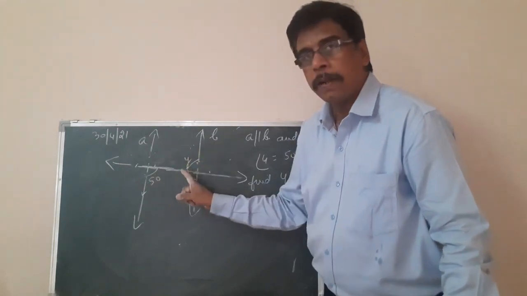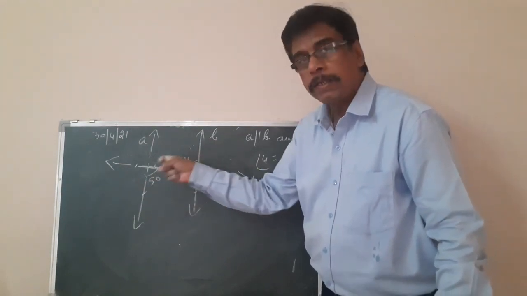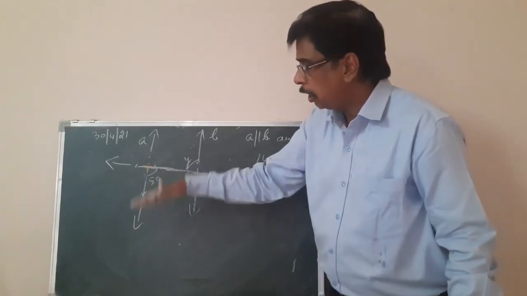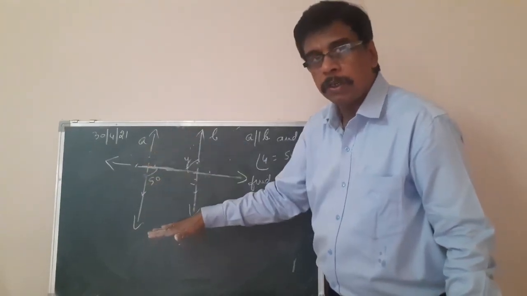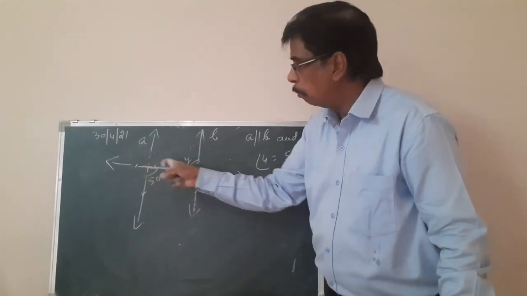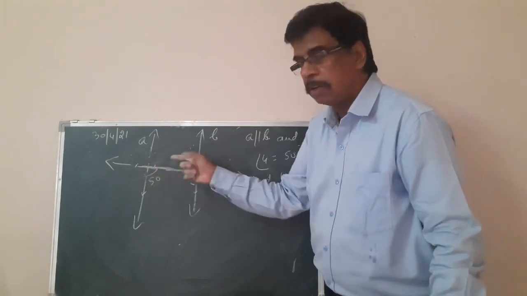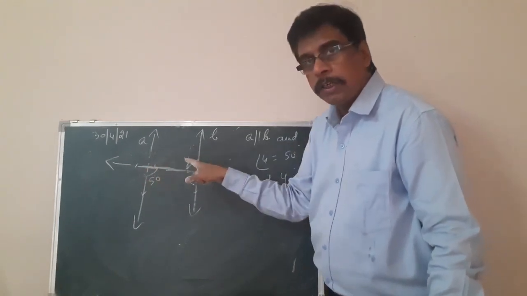They said find Y. Now what are these two angles? Alternate interior angles. Why? Because they are on different sides of the transversal, having different vertices. Both are in the interior. So they are alternate interior angles. They form an S.